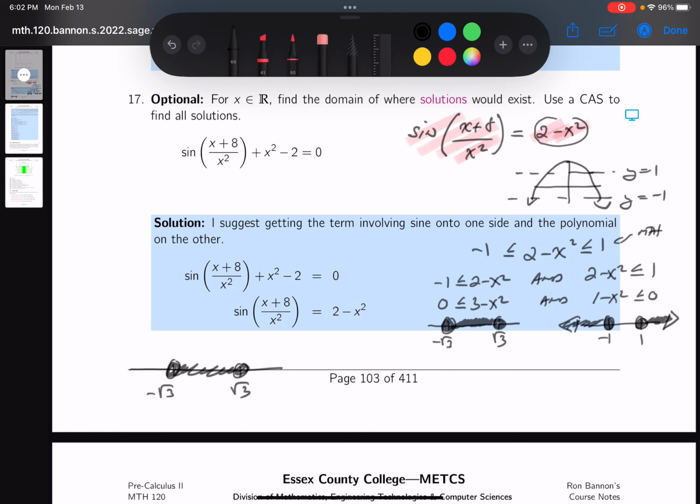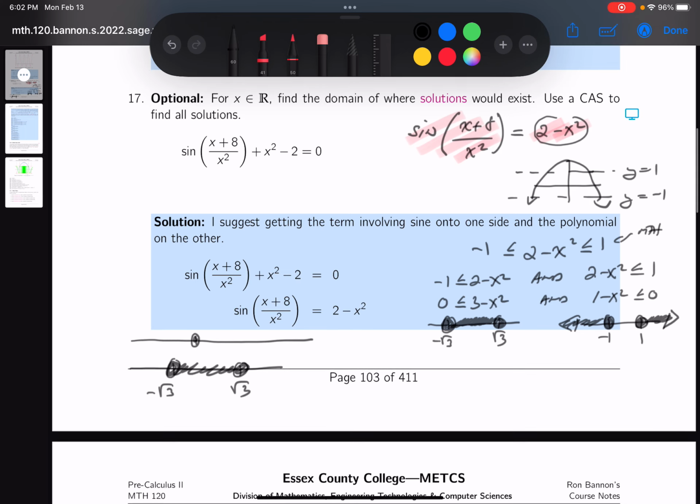And I'll put the other one down right on top of it, because I want to find out where they intersect. That's what the word "and" means. Where do they intersect? Minus 1 would be about here, and plus 1 would be about here. Let's write this down. It looks like from minus root 3 up to minus 1, union 1 to root 3.